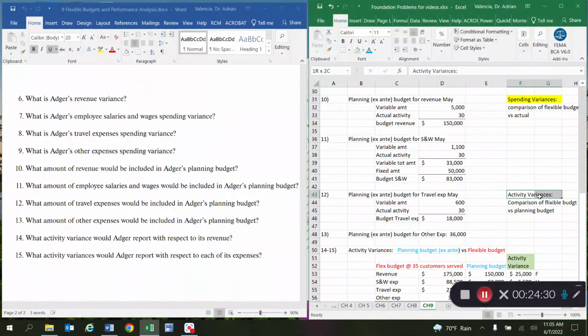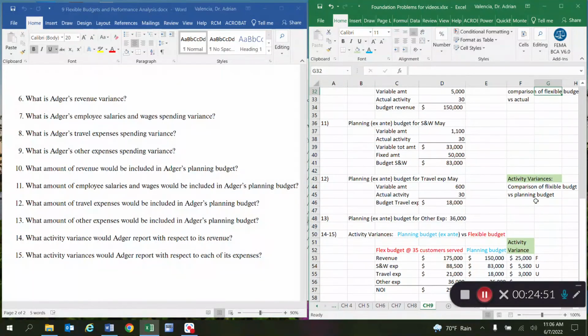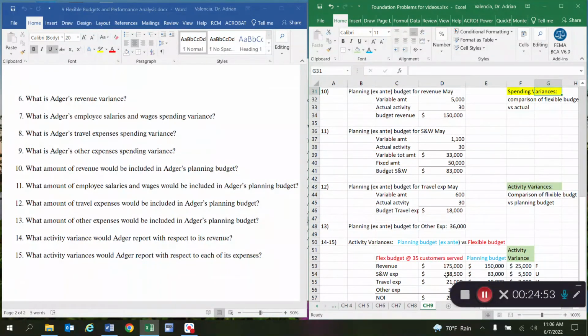When I look at the activity variances, I like to think of it as comparing something based on a level of production or a level of sales that is different than what I originally thought. That's why it's an activity issue, okay? It's an activity comparison. In a sense, you're not comparing apples to apples here.